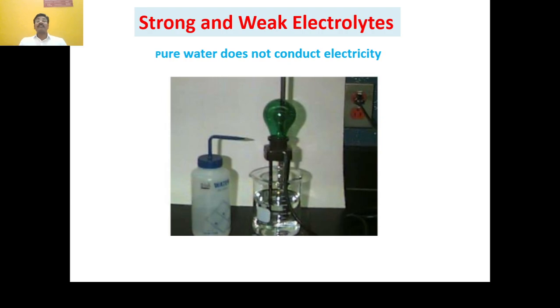Then we'll see about the strong and weak electrolytes. We know that pure water does not conduct electricity because it does not have any soluble salts, or any type of electrolyte, to conduct the electricity.